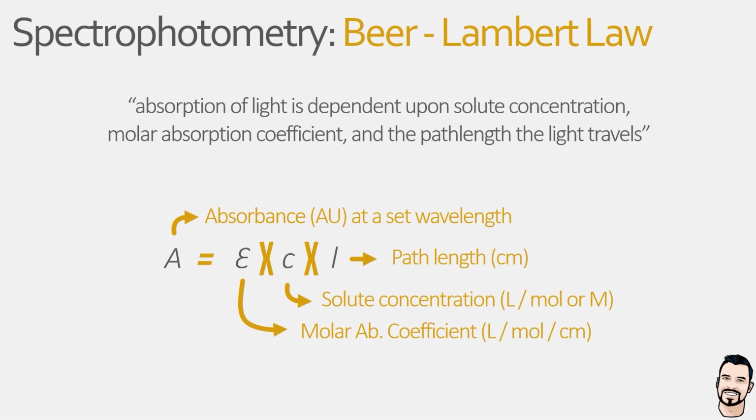Okay, so going back, this absorbance value directly relates to the molar absorption coefficient, solute concentration and path length. Now solute concentration we've covered with Beer's law, path length we've covered with Lambert's law, but what is the molar absorption coefficient?